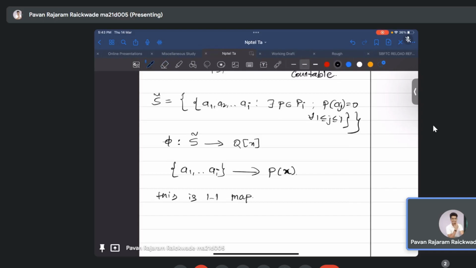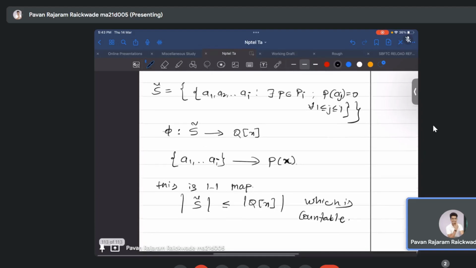Every rational polynomial does not have a root, but those which have roots can be written like this, which implies the cardinality of S tilde is less than or equal to the cardinality of Q[x], which is countable. Now, since you are collecting finitely many from S itself, this implies S is also countable.